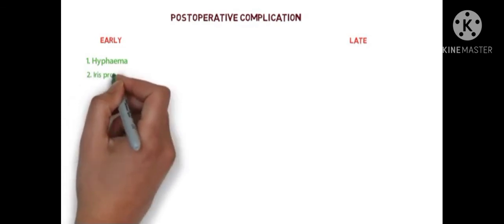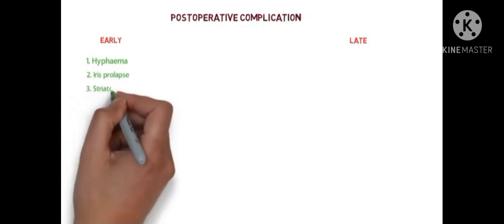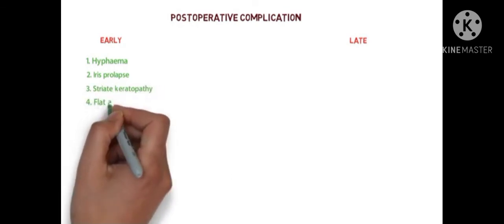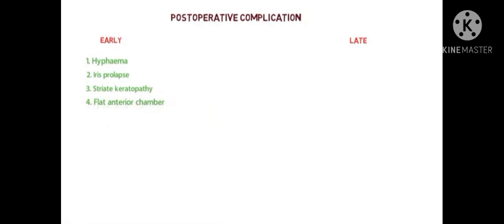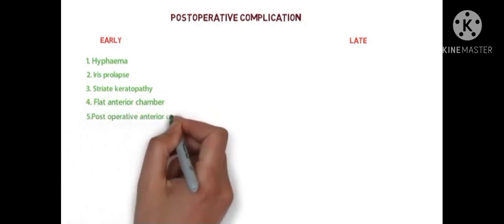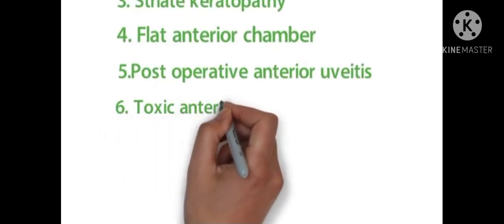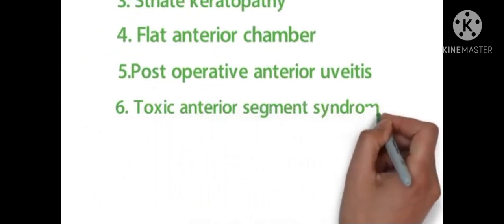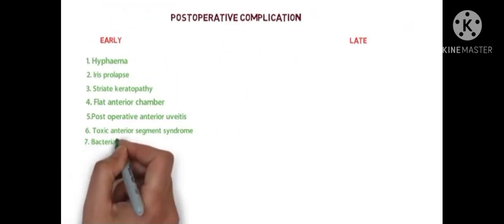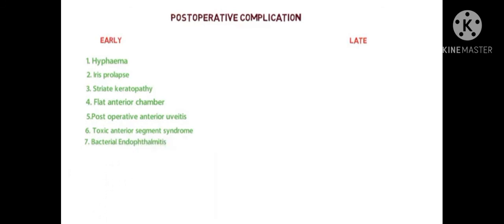Then there can be iris prolapse, striate keratopathy, flat anterior chamber, post-operative anterior uveitis, that is the inflammation of the uvea. Then there can be toxic anterior segment syndrome, and at last there can be bacterial endophthalmitis, that is suppurative inflammation of the eyeball.